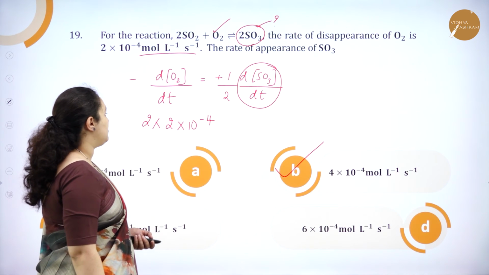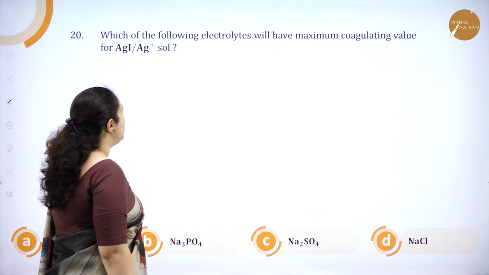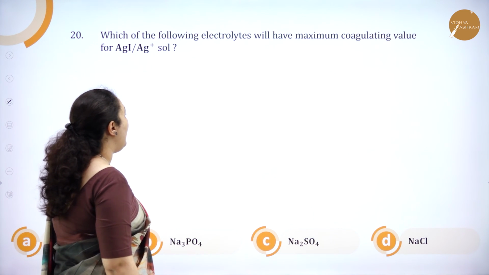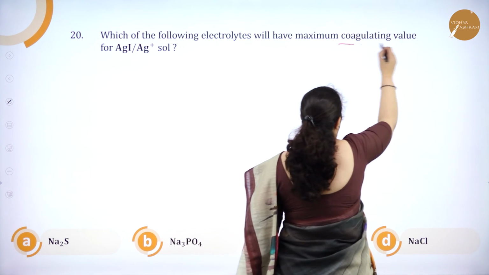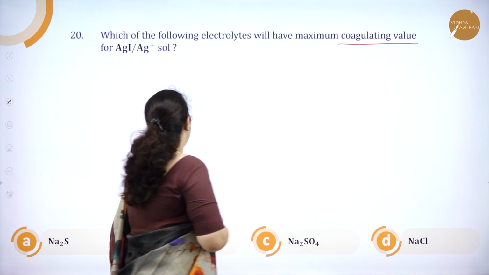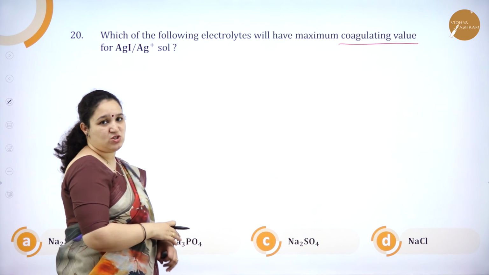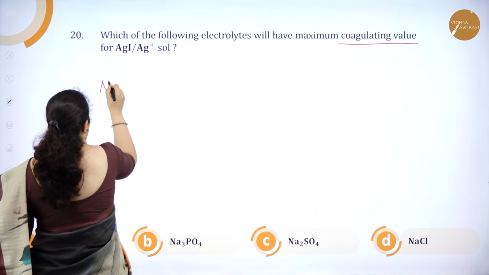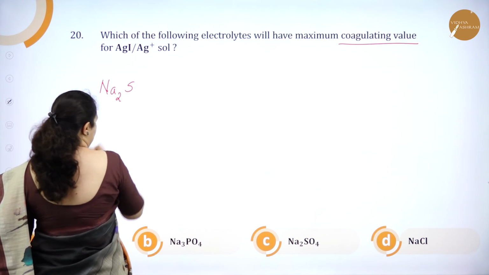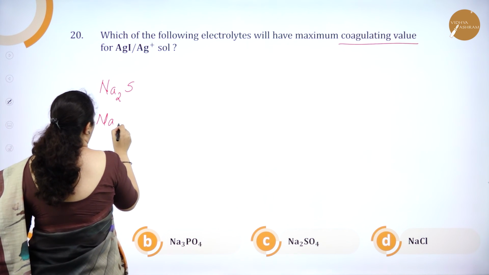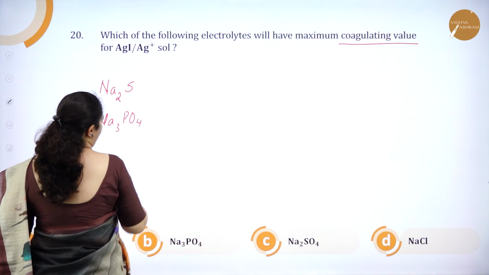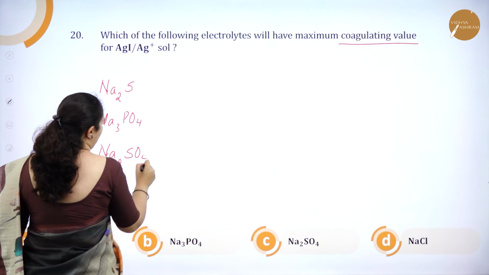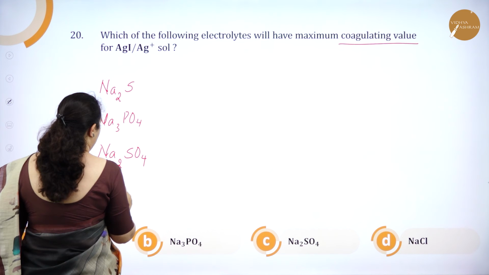Okay. Next question. Which of the following electrolytes will have maximum coagulating value for AgI, Ag+ sol? They have given us Na2S, Na3PO4, Na2SO4 and NaCl.